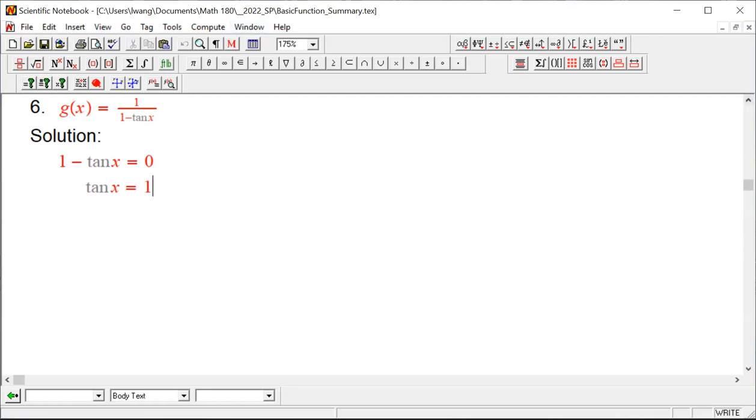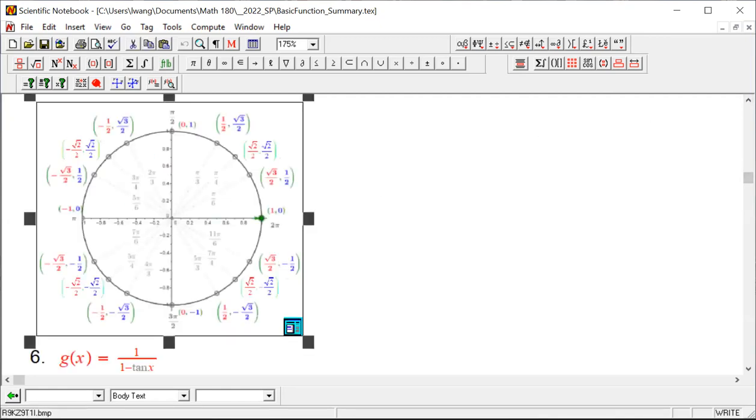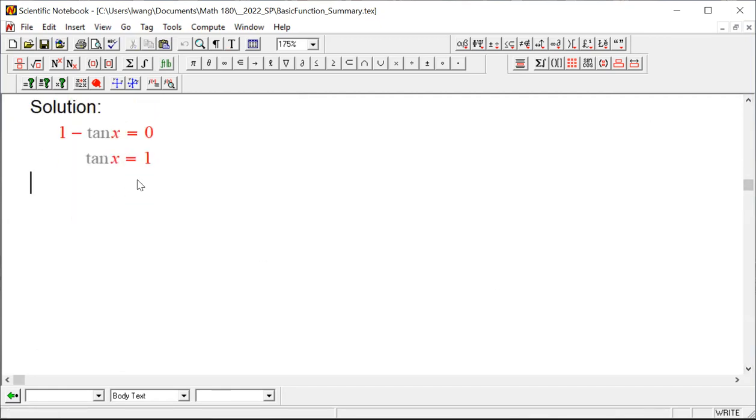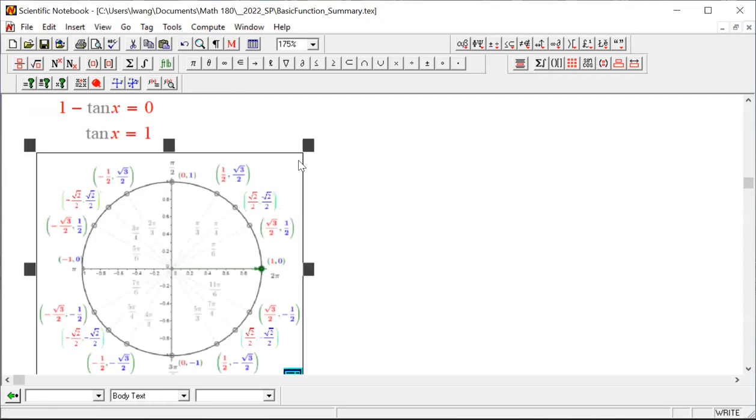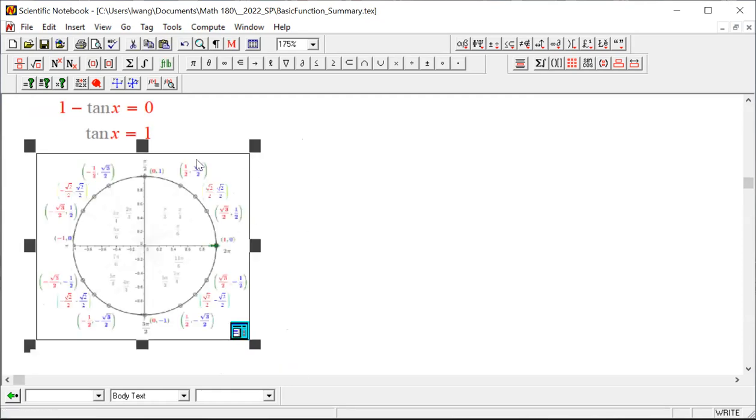What are the angles that will cause tangent to equal 1? We know tangent has its own domain, which cannot be odd number multiples of pi over 2. So in addition to that, tangent x equals 1.